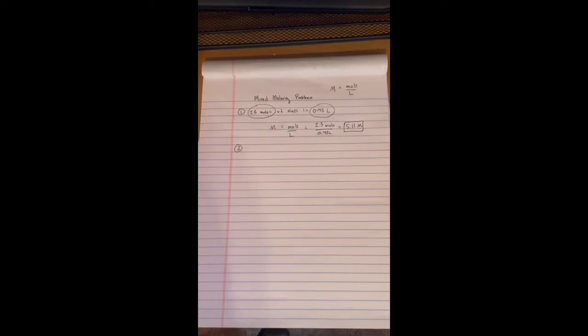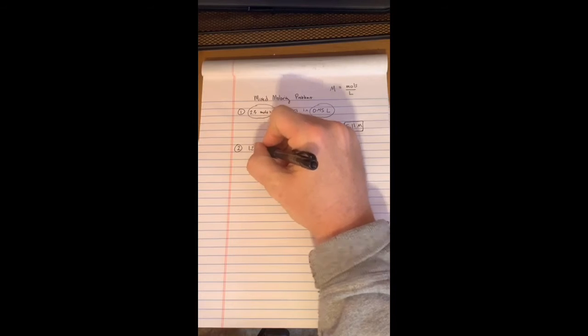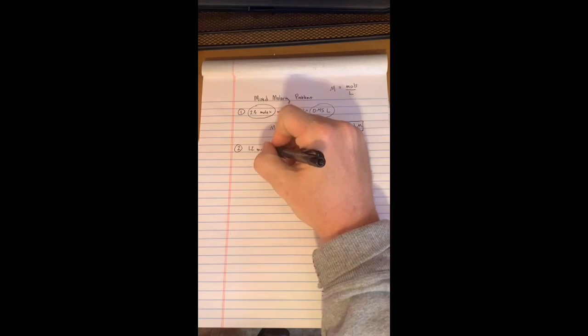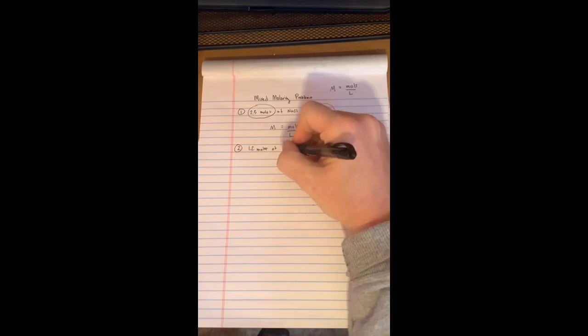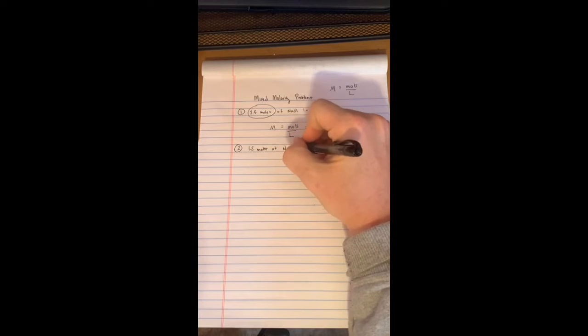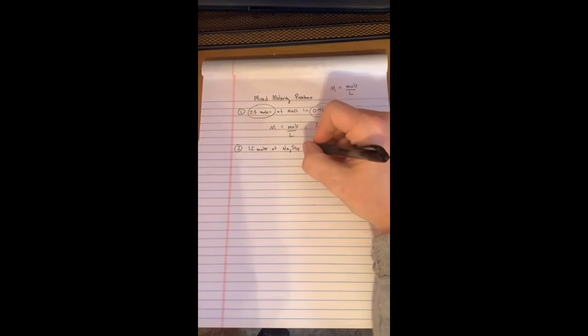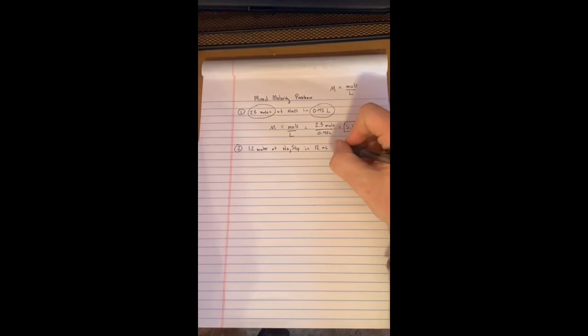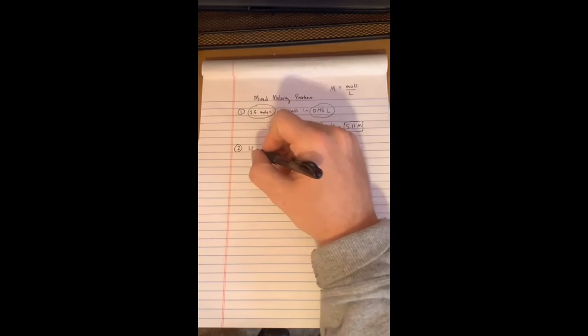Okay, number 2. It says that we have 1.2 moles of sodium sulfate, Na2SO4, in 12 milliliters of solution. Okay? So on this one, you're given the moles.